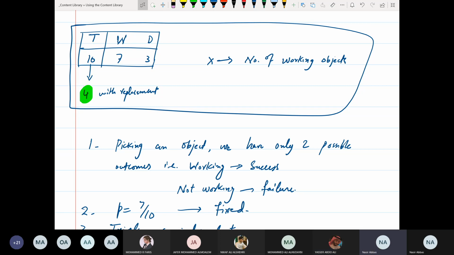Yes, I'm putting it back. The size is 10, okay, but with the replacement action I can pick 100. Each time the probability of success will be 7/10, because I'm putting the object back. Because it is with replacement. Yes. Is this your question?